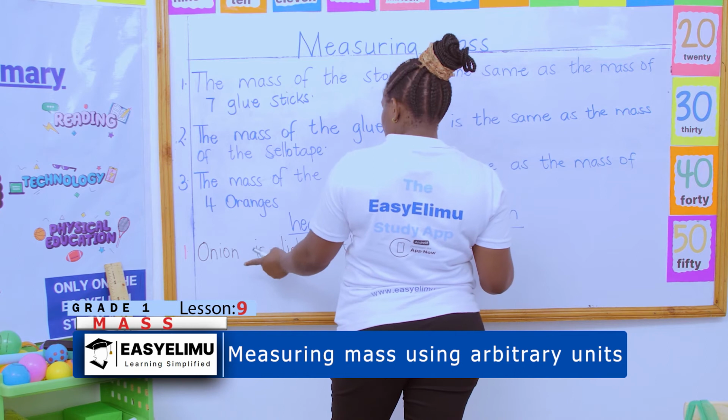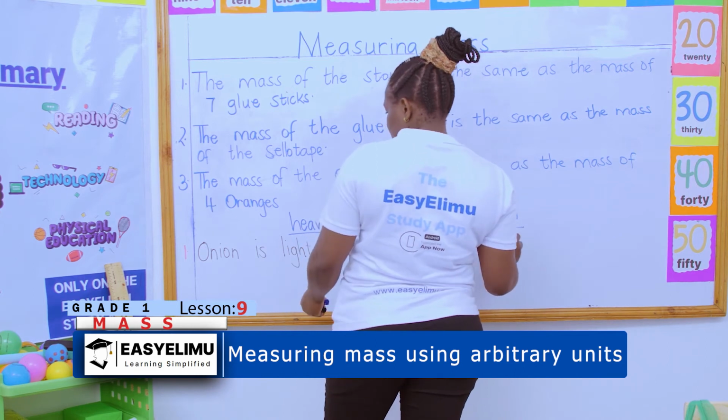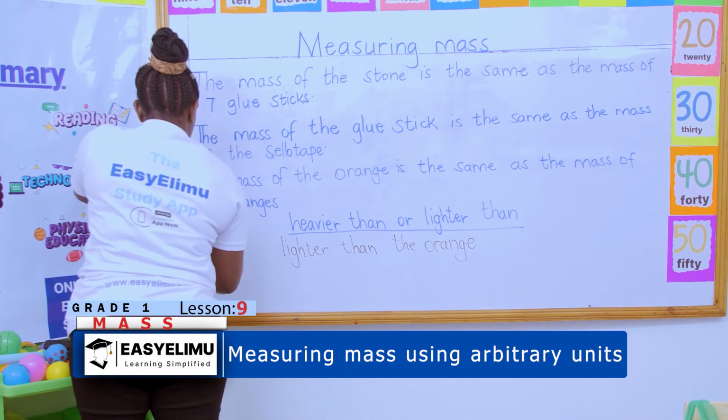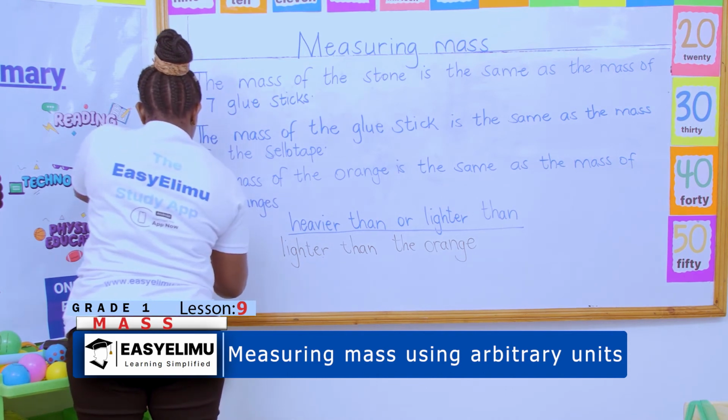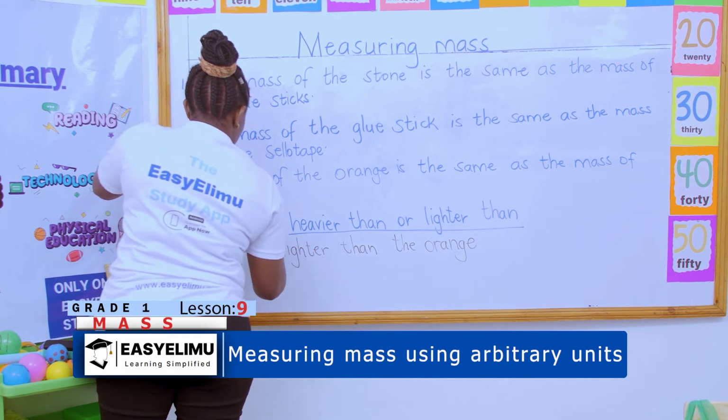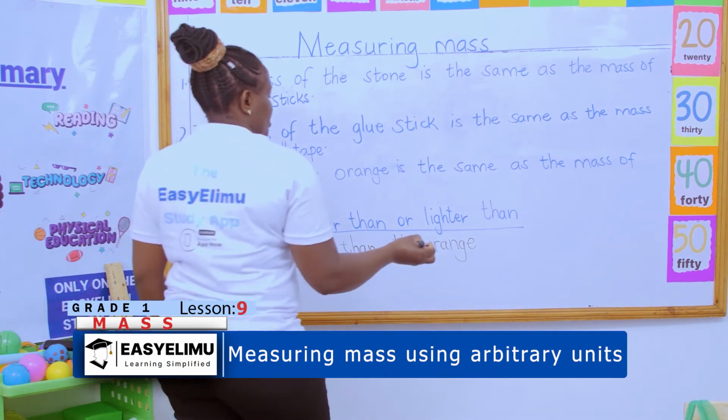So we say the onion. I've forgotten to write the word there, and you didn't tell me. The onion is lighter than the orange.